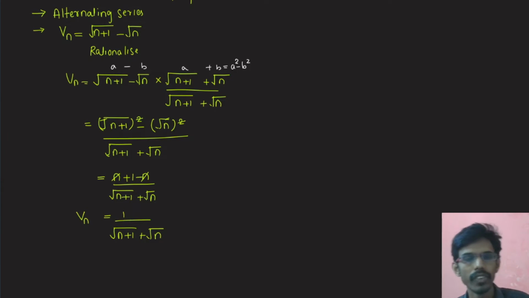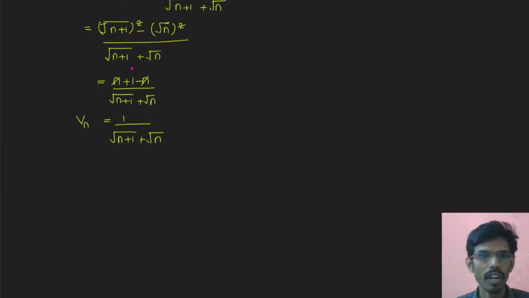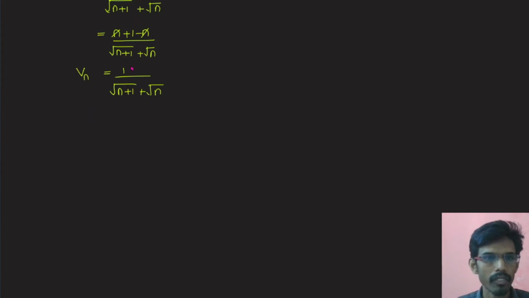Now we have this Vn. Now I find Vn plus 1, that is the next term. We have Vn, now we want Vn plus 1, the next term of this Vn. So put n as n plus 1, so this will become n plus 2 and this will also become n plus 1.